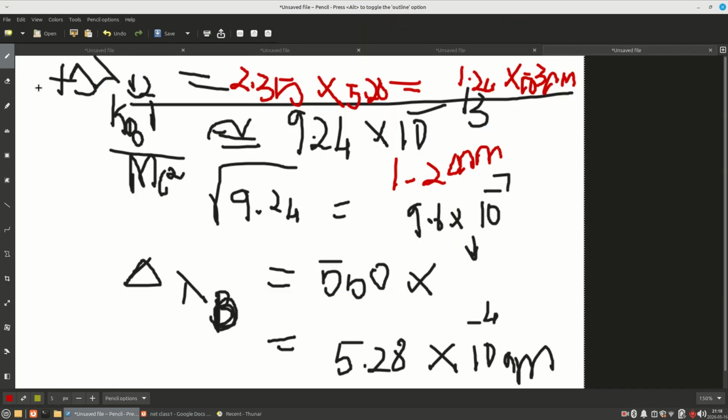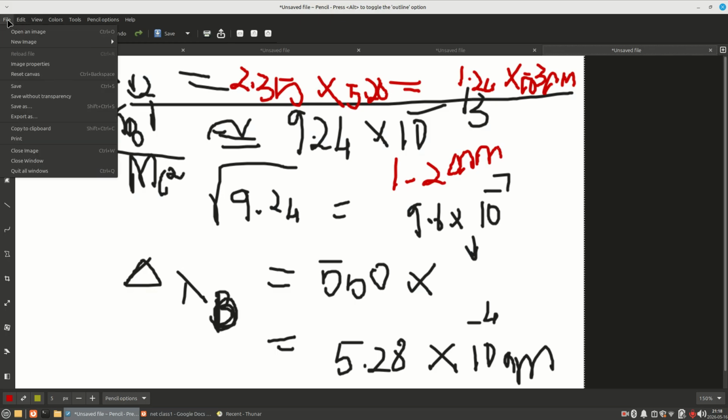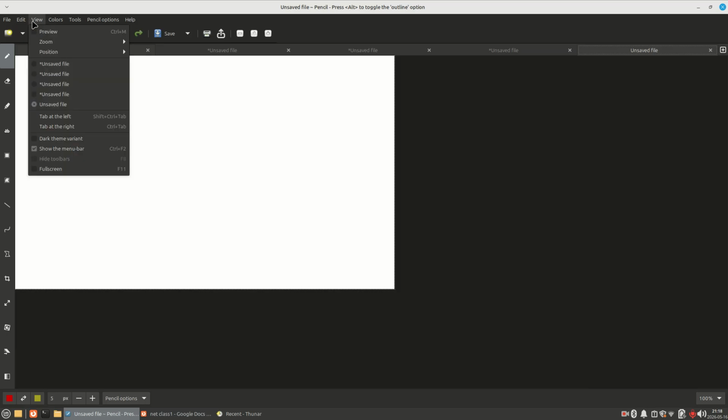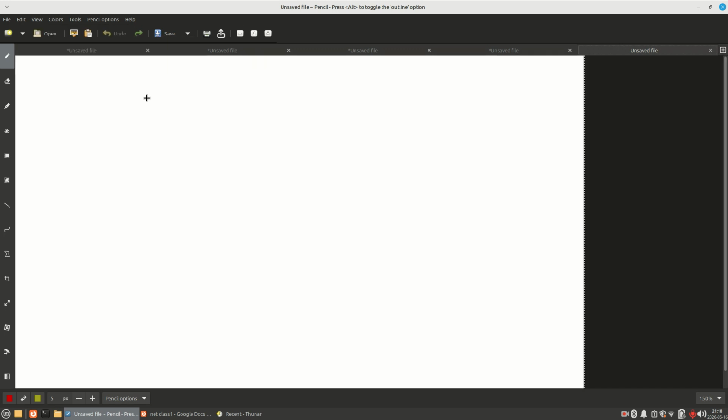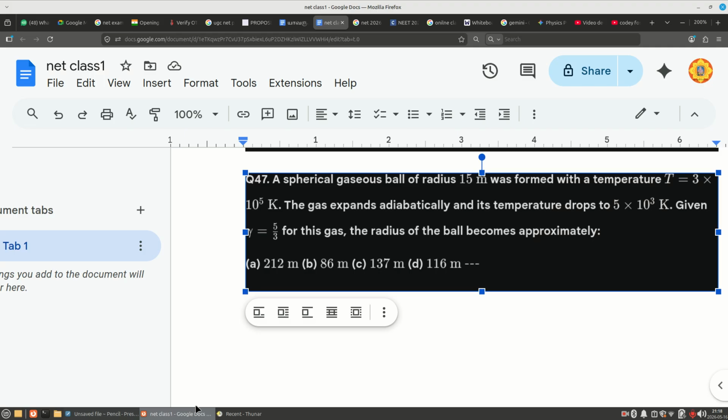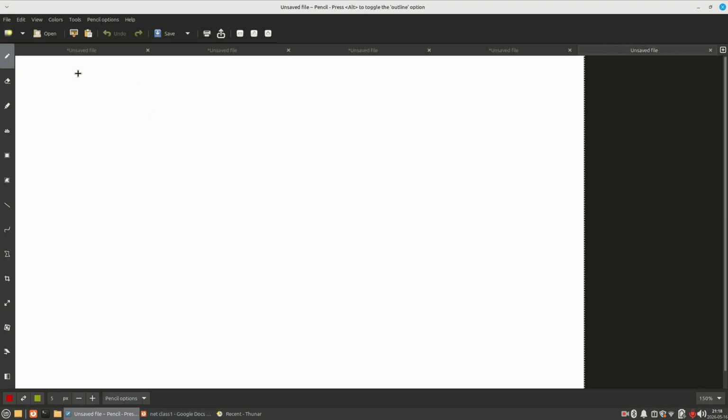Let me open our new screen. In this question we have the initial radius of the ball, R1, equal to 15 centimeters.